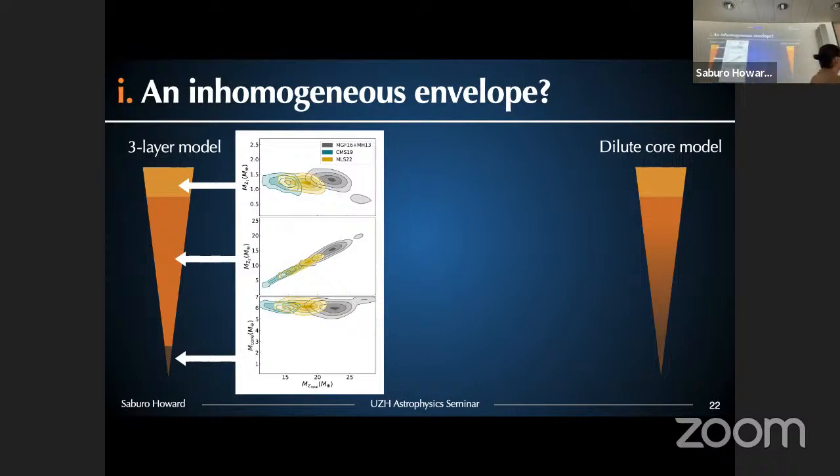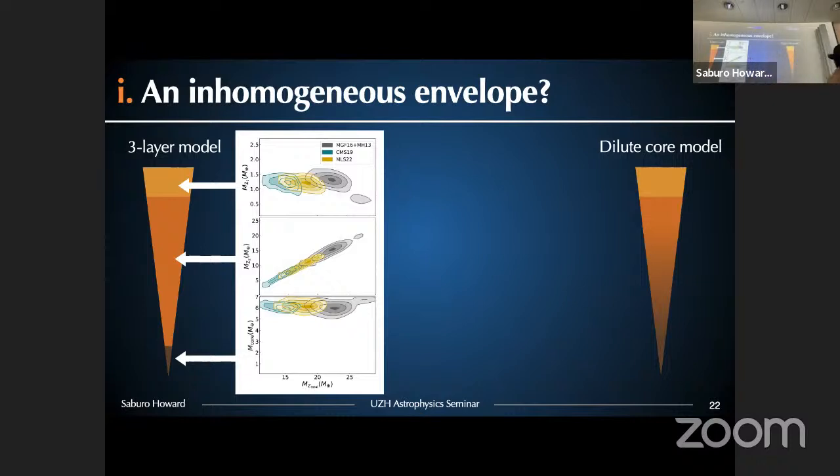In the outer envelope of the planet, it seems that there is only a few Earth masses of heavy elements. So probably most of the heavy element mass is included in this inner envelope region. And quite independently of the equation of state, we found that the core mass is about 6 or 7 Earth masses.